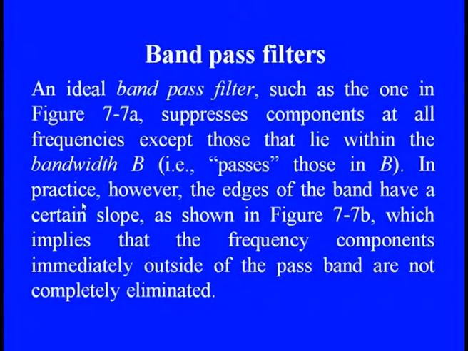In practice, the edges of the band have a certain slope, which implies that the frequency components immediately outside the pass band are not completely eliminated, because the edges are not squared. When they are squared, the components can be completely eliminated. But since they have a curved shape, some of these components are passed through.